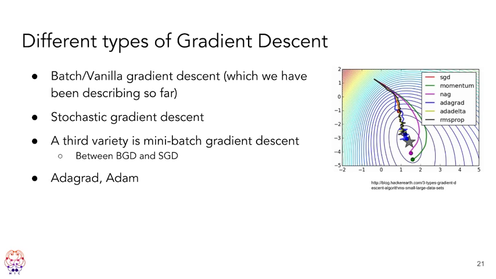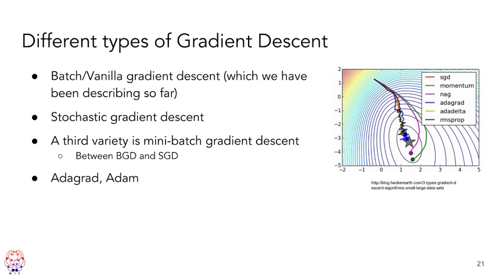There are different types of gradient descent. What we've been describing so far, just that simple update, is batch or vanilla gradient descent. The main difference in this one is that you're taking into account the entire data set, to find the best path to take, because you're averaging the gradients of all the data points. Then there's stochastic gradient descent, which uses just one of the images from the data set instead of all of them.